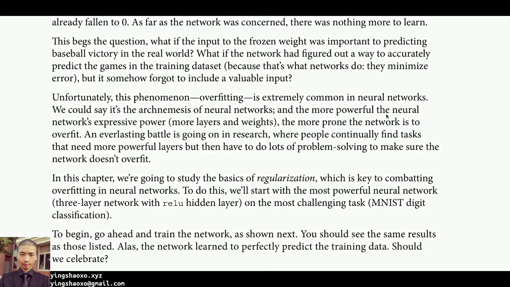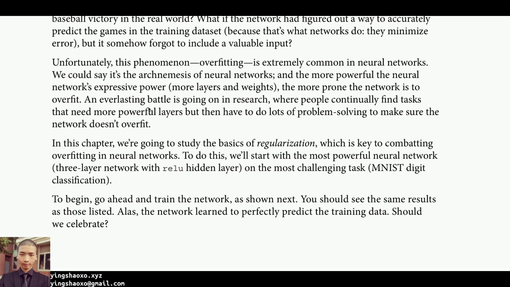And the more powerful the neural network's expressive power, with more layers and weights, the more prone the network is to overfit. An everlasting battle is going on in research, where people continually find tasks that need more powerful layers, but then have to do lots of problem solving to make sure the network doesn't overfit.